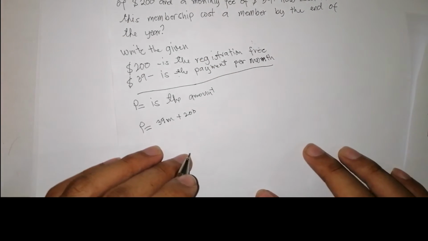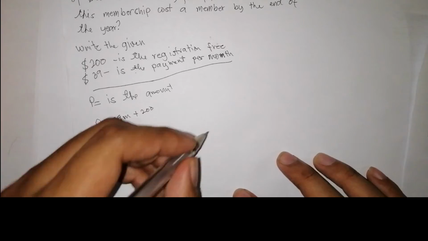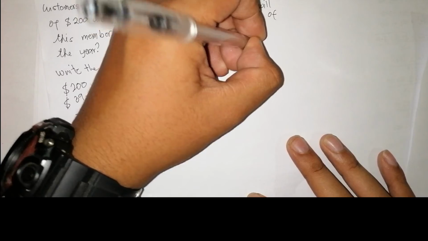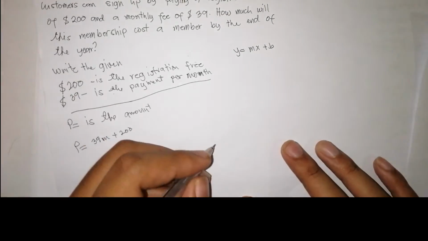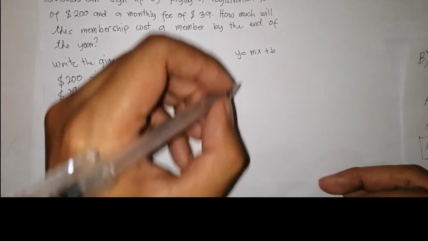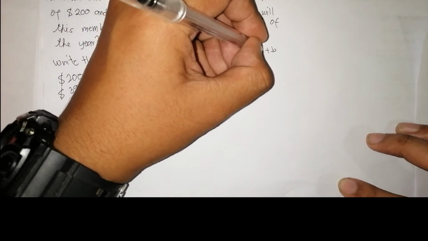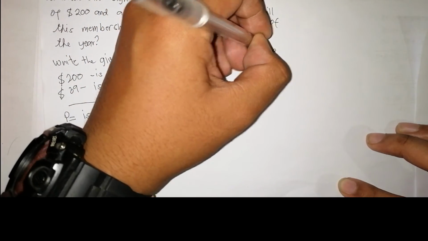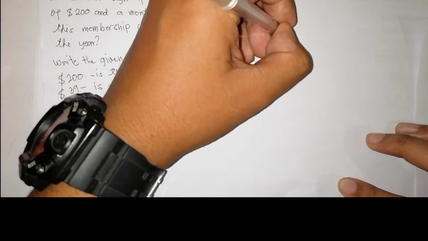Then the formula for this is y equals mx plus b. So y is the dependent variable, while the x here is the independent variable.